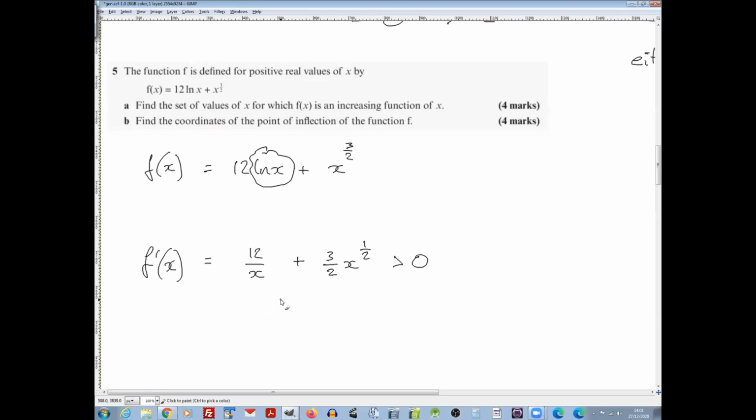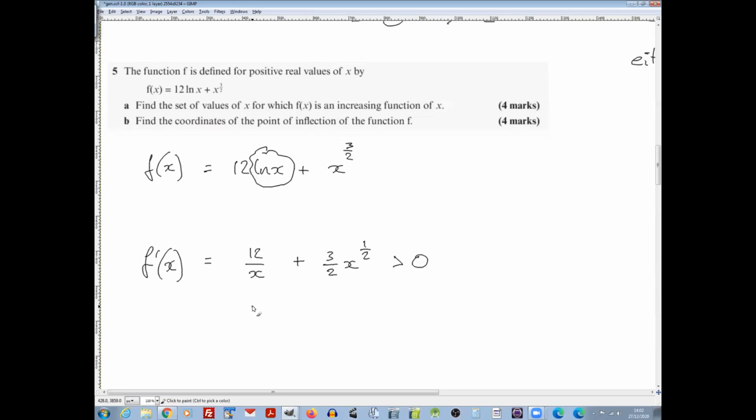What about over 2? We could multiply through by 2. Well, sure. Okay, what would we have there?